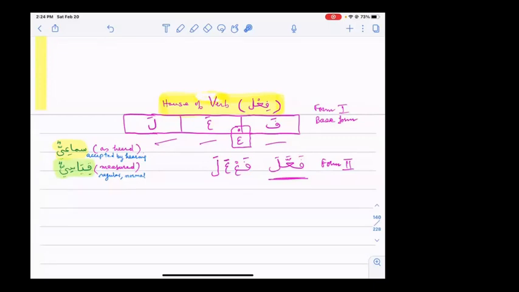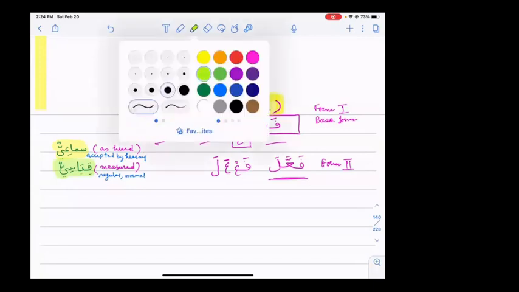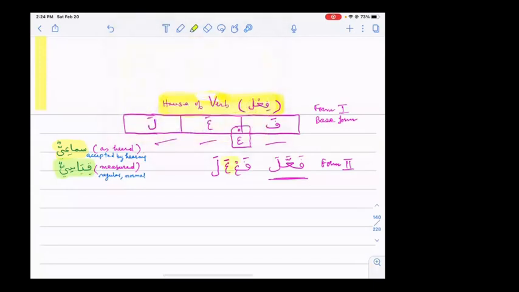So fa'ala has two ain kalimas. The first one is sukoon, and the second one is fatha, fa'ala. That is what the shadda represents.